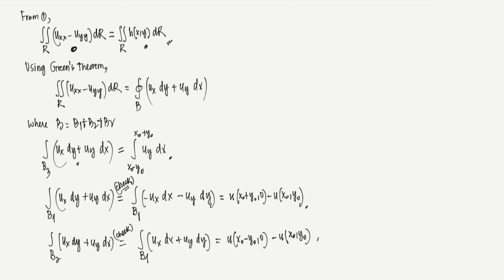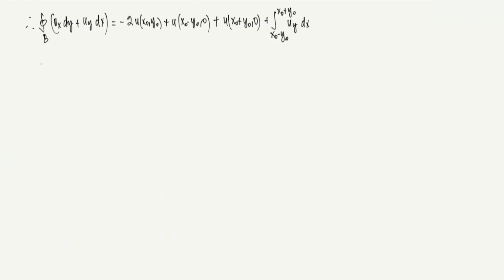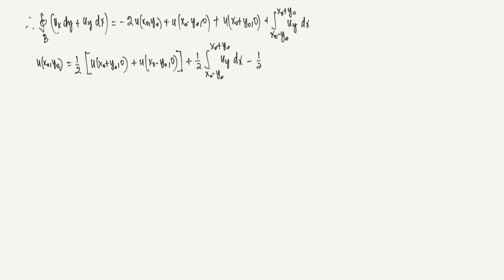If you combine everything together, what you get is u of x naught y naught equals half u of x naught plus y naught at the point 0 plus u of x naught minus y naught at 0, plus half the integral from x naught minus y naught to x naught plus y naught of uy dx, minus half the double integral over r h of xy d of r.